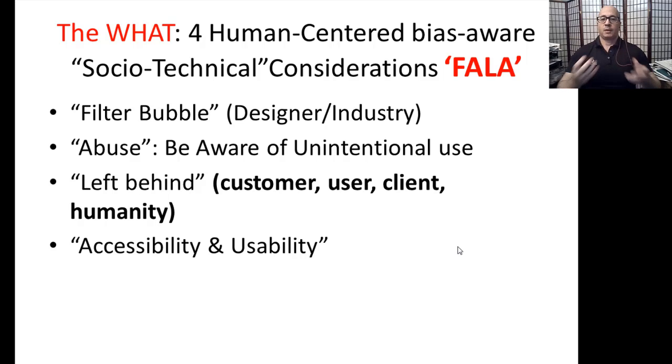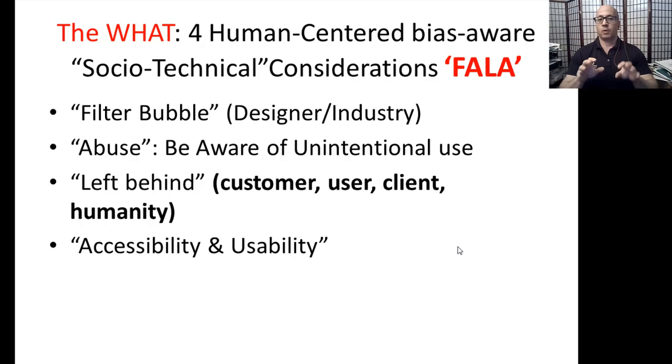Filter bubble. What are your biases or your predilections for the industry that you're designing for? For you as a designer, what do you see and what do you not see? You tend to see things and produce things in that vision. That's a human quality. But it gets very narrowcast when you're specific to an industry, when you only associate with people your own way.